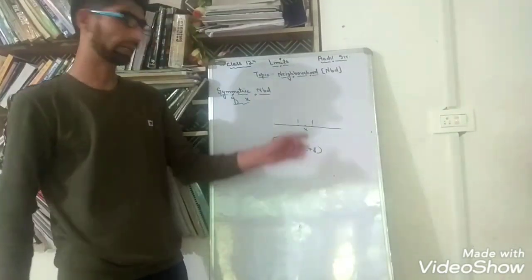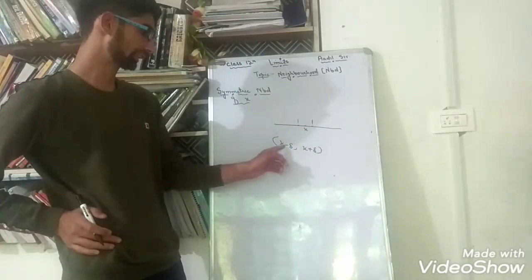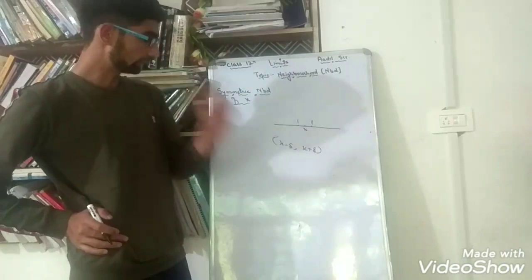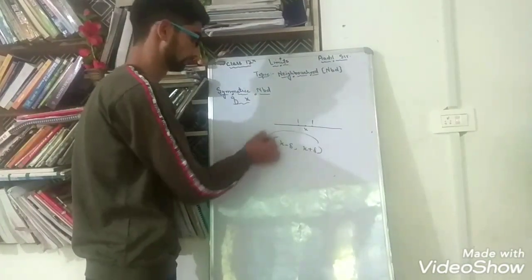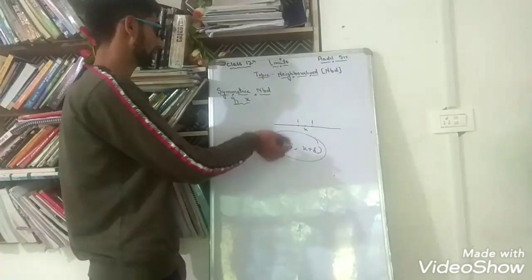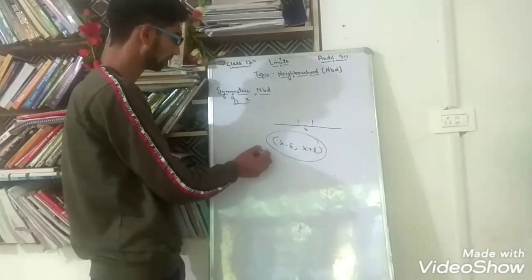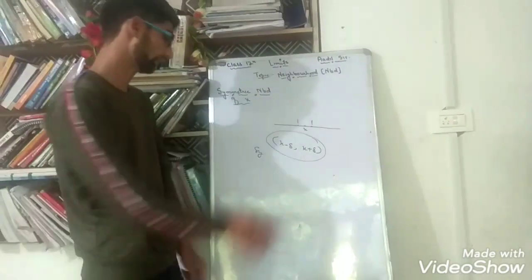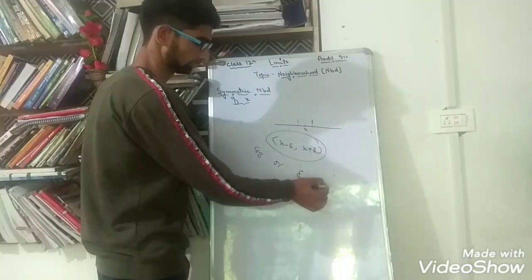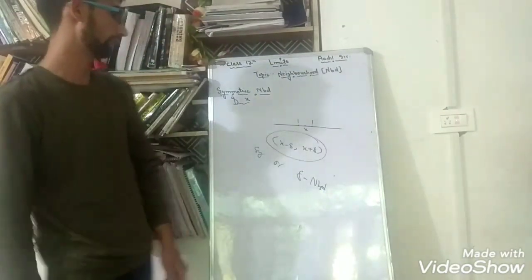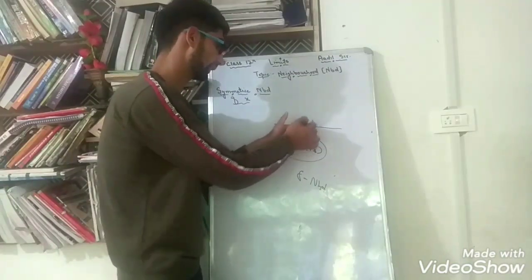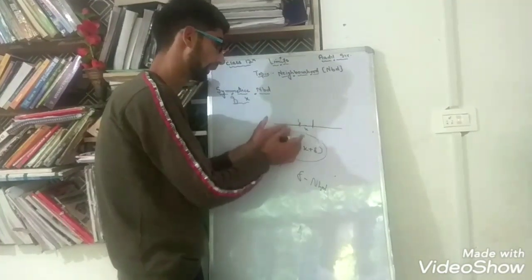If we have a point x, and we take an open interval (x minus delta, x plus delta), this open interval is called the symmetric neighborhood of x, or we call it the delta neighborhood, because we are taking x minus delta, that is this point, and x plus delta, that is this point.